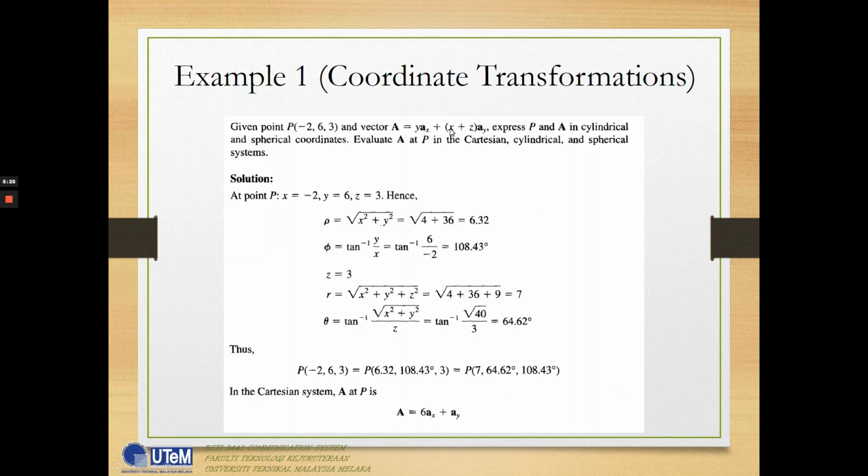We put in x equal to -2, y equal to 6 and z equal to 3, and we get this. So in the Cartesian system, A at point P is this one. One representation has been done, so the Cartesian is done.